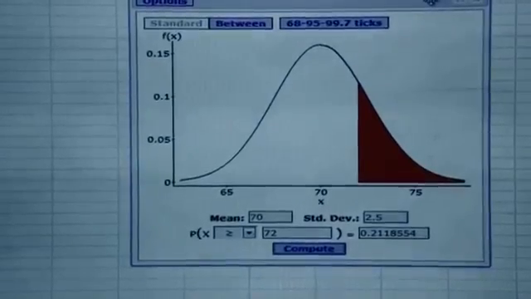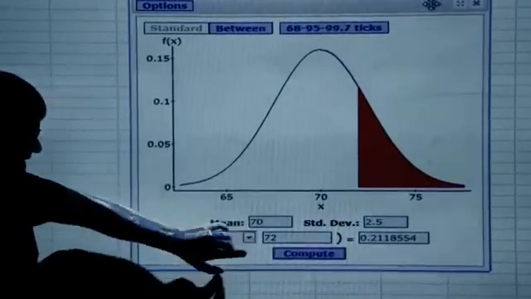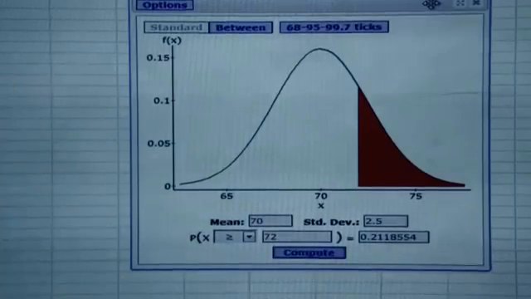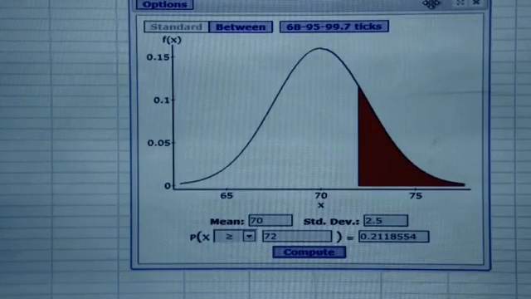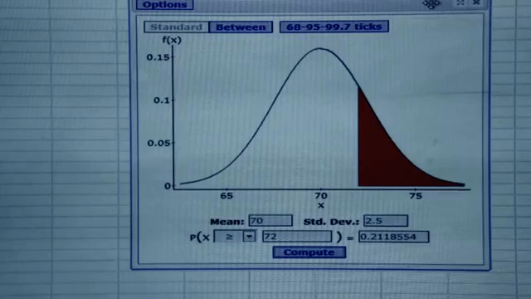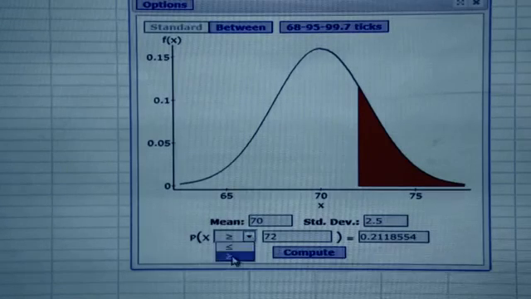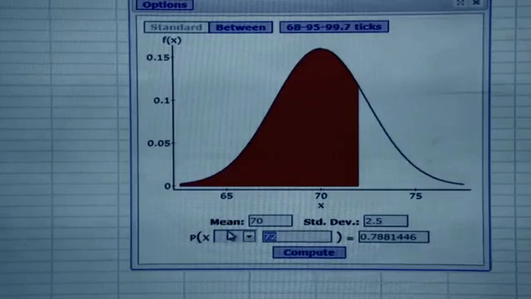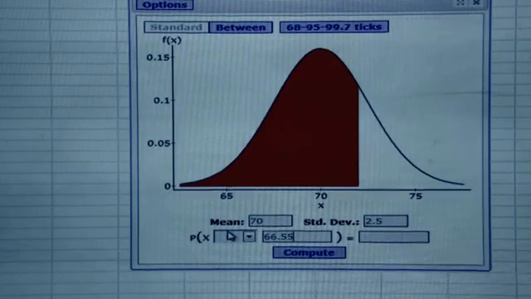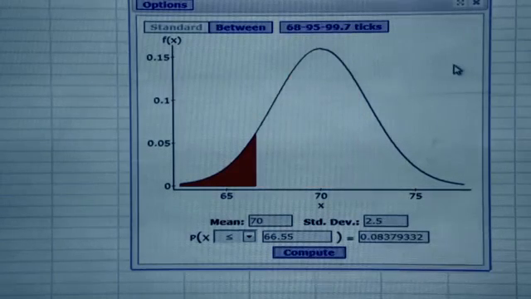I can get the answer using the mean of 70, standard deviation 2.5. Okay, so I'll do both ways. Probability, I'll change x to less than, and in the notes it was 66.55, and I'll just hit compute.